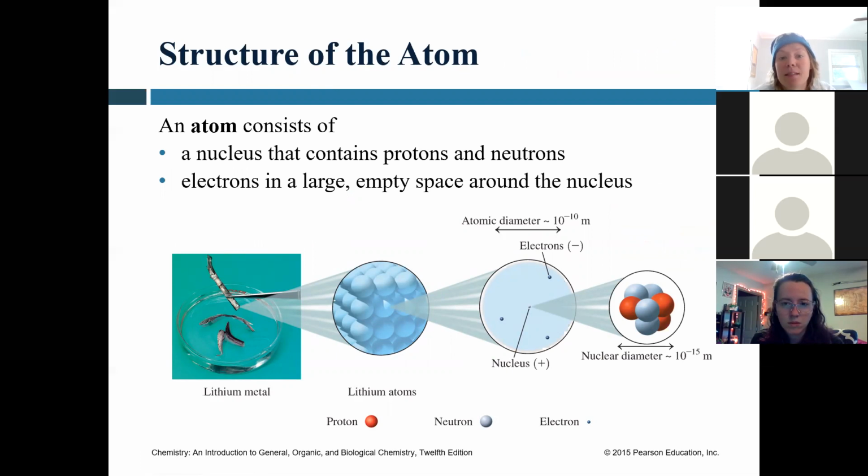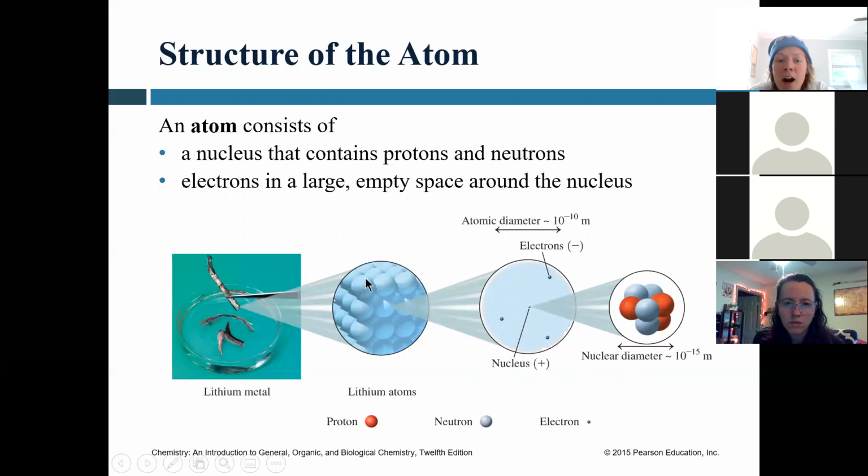where an atom consists of a nucleus. The nucleus contains all of the protons and all of the neutrons and pretty much all of the mass. The electrons are like 2,000 times smaller, so we don't really consider their mass at all.